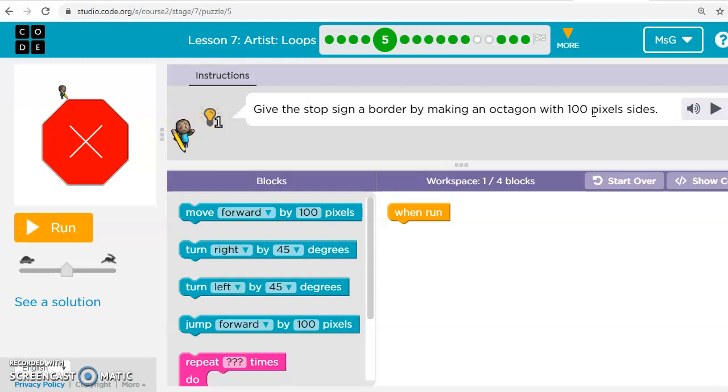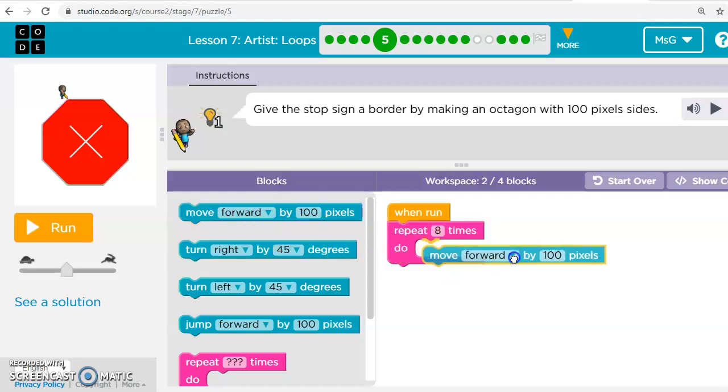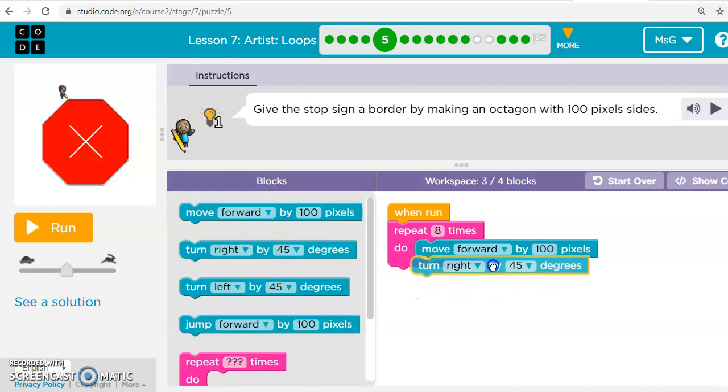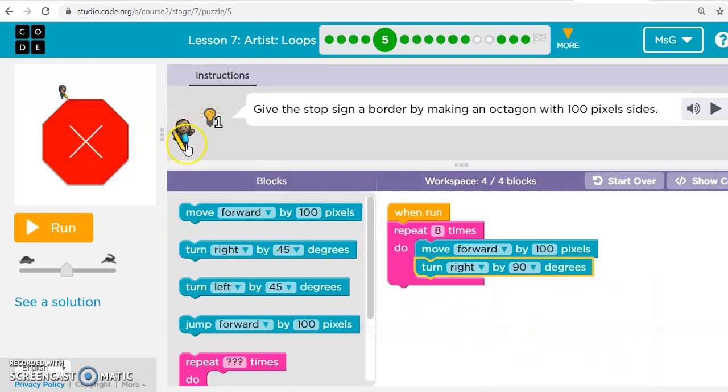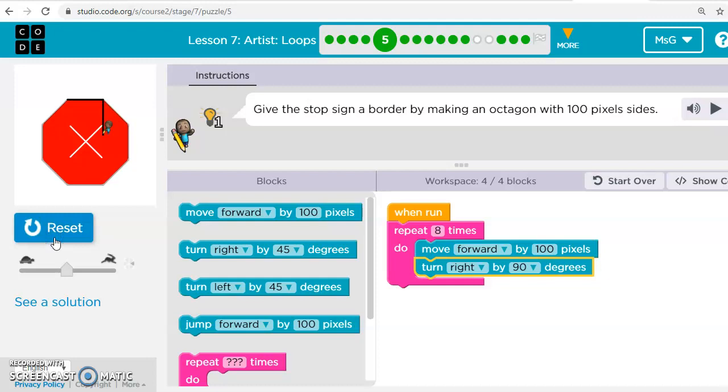So the angles will not be 90 degrees if you remember that little hint I gave you at the beginning of the packet. So it says repeat 8 times, move forward by 100, and option A says turn right 90 degrees. So we said this isn't a square, so option A should not be correct.